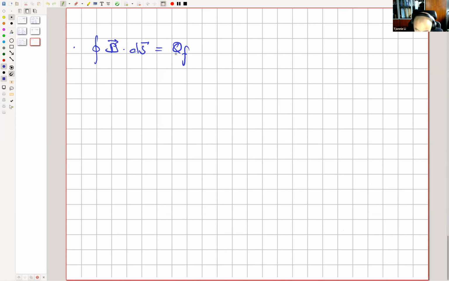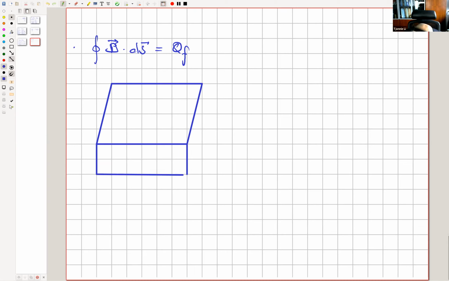And so I could actually end up doing the exact same thing as I did when I derived the boundary conditions for just the electric field. So let's draw myself some surface over here with some thickness. Like this.